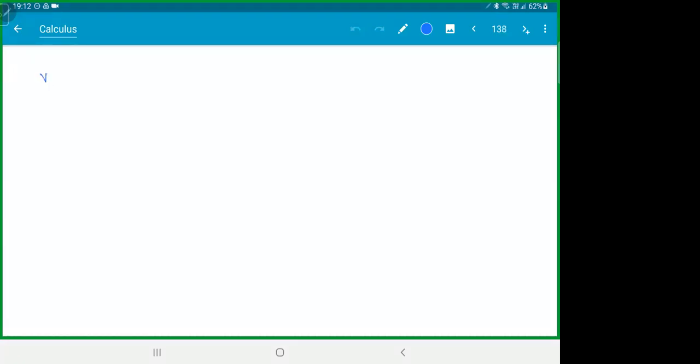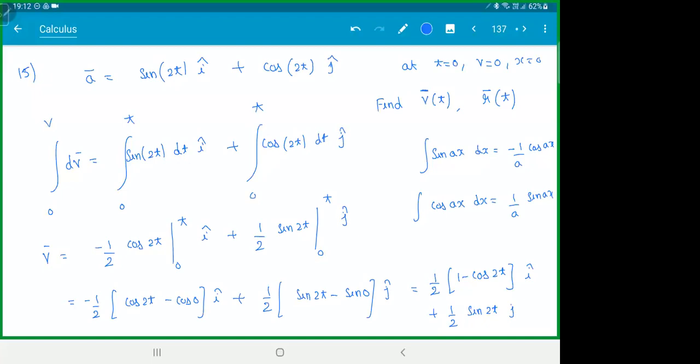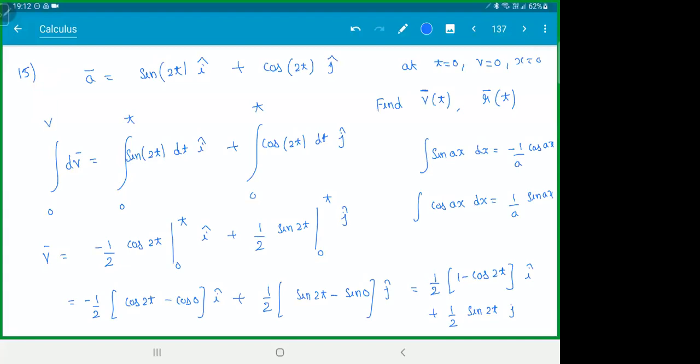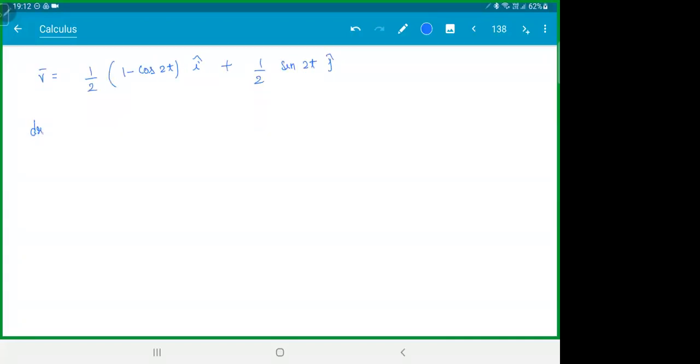So we got velocity is half into 1 minus cos 2t I cap plus half into sine 2t j cap. So let this be dr by dt. Don't write dx by dt, because it's a vector now. Dr by dt. So what you get is a position vector.